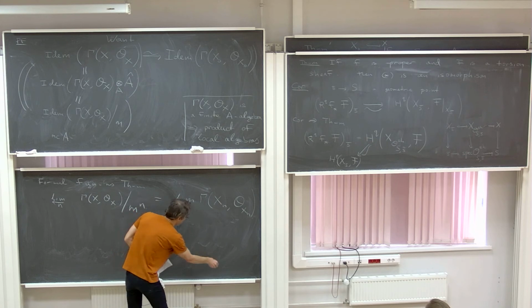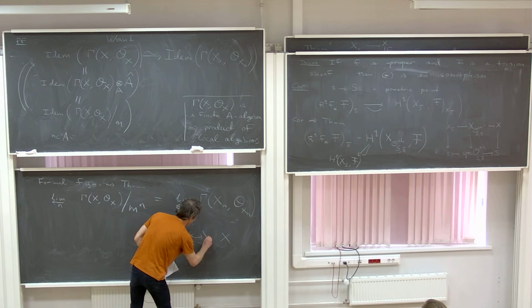So here I have x, I have x0, which is the special fiber, and I have the nth infinitesimal neighborhood.